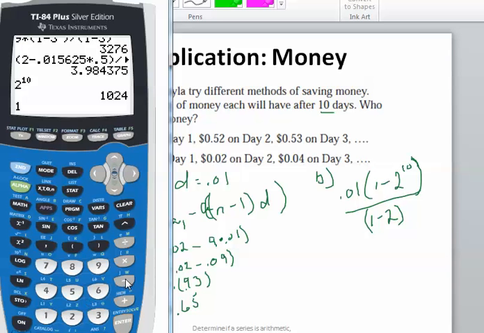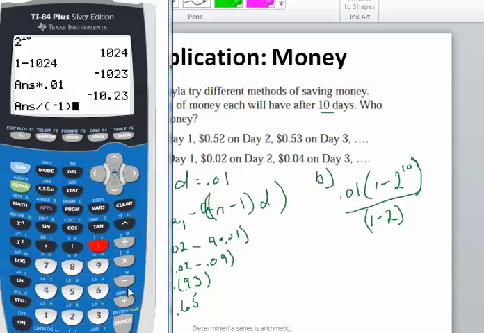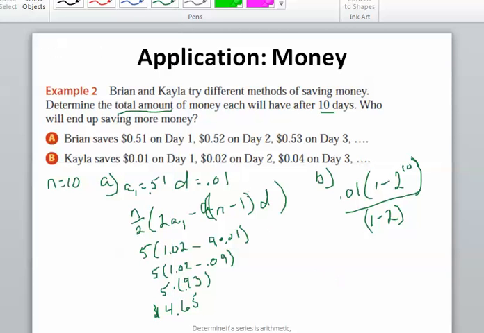So 1 minus 1024 times 0.01, divided by negative 1, gives me $10.23. So over here I get $10.23.